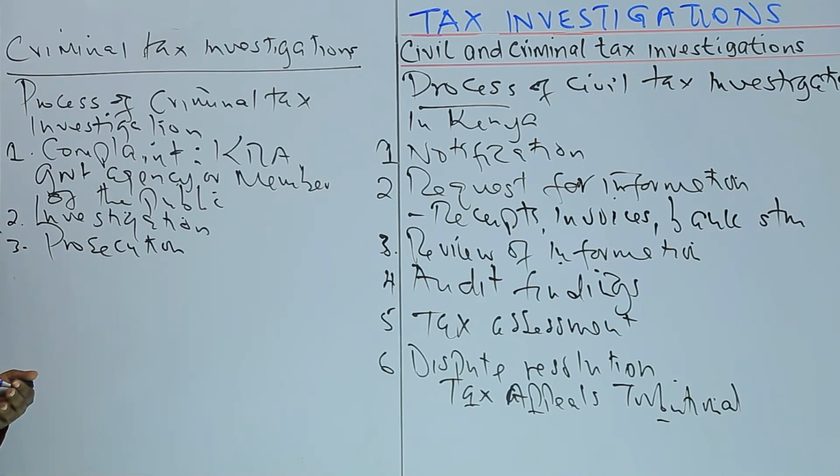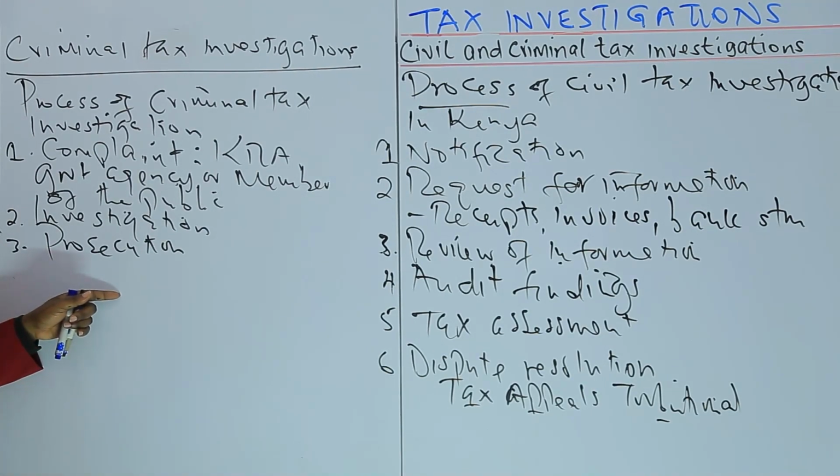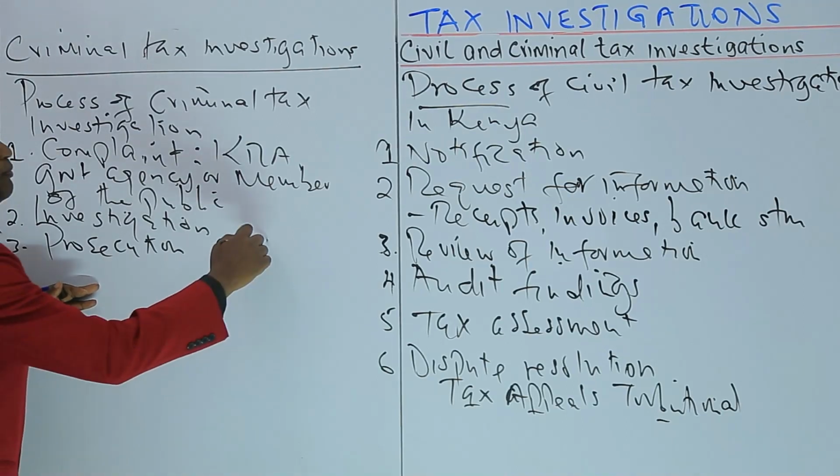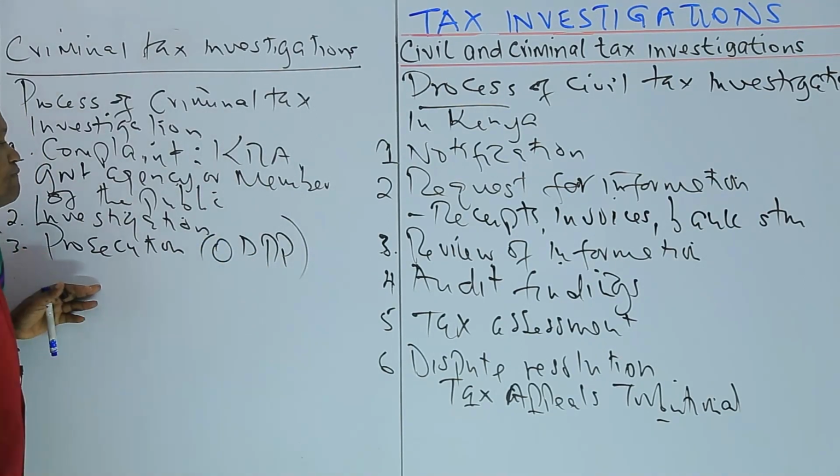Prosecution. If the DCI has sufficient evidence to support a criminal charge, they will forward the case to the office of the Director of Public Prosecutions, or DPP, that is the Office of the Director of Public Prosecutions.